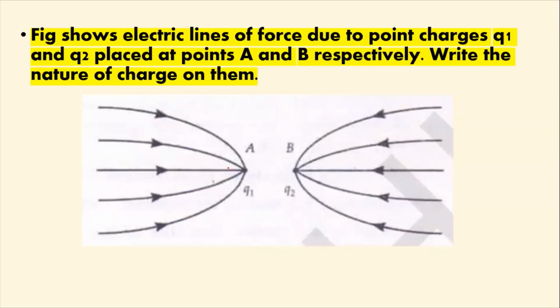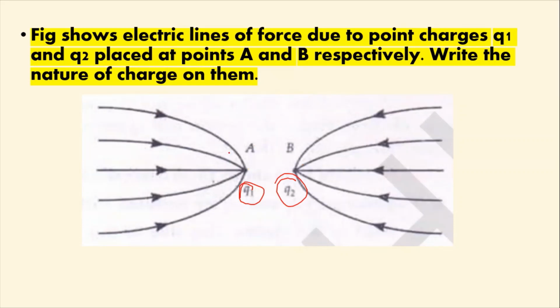See here, these type of diagrammatic questions are very important. Please listen. Figure shows electric lines of force due to point charges Q1 and Q2 placed at points A and B respectively. That is, there are two charges Q1 and Q2 placed at points A and B. Write the nature of the charge.